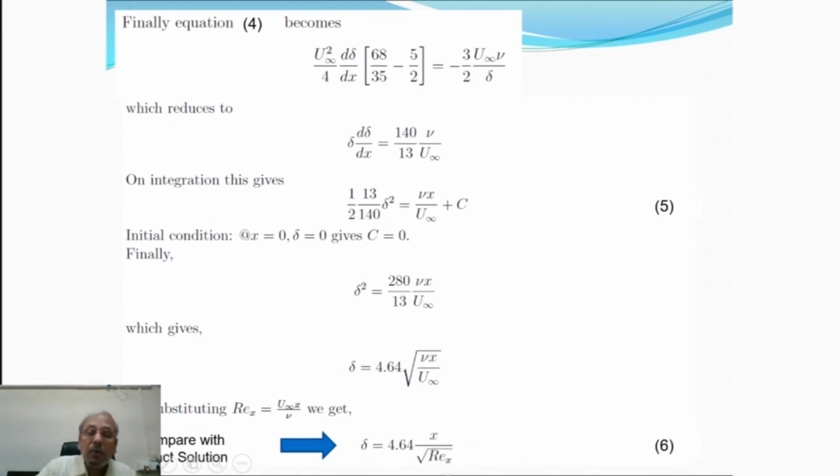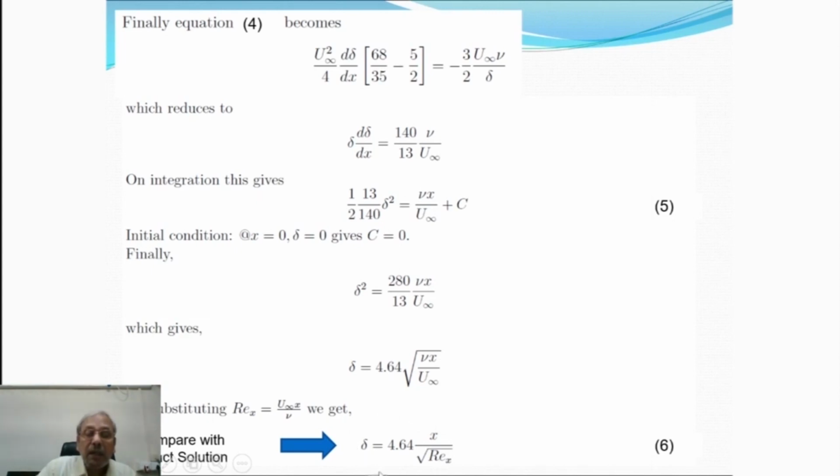Now compare this with the exact solution that we got from the series solution of Blasius. There we got delta equal to 5x by root over Re x. Here instead we are getting 4.64x divided by root over Re x.